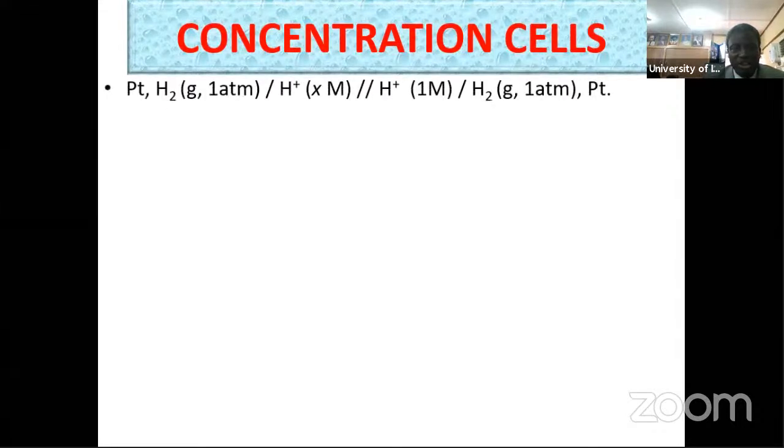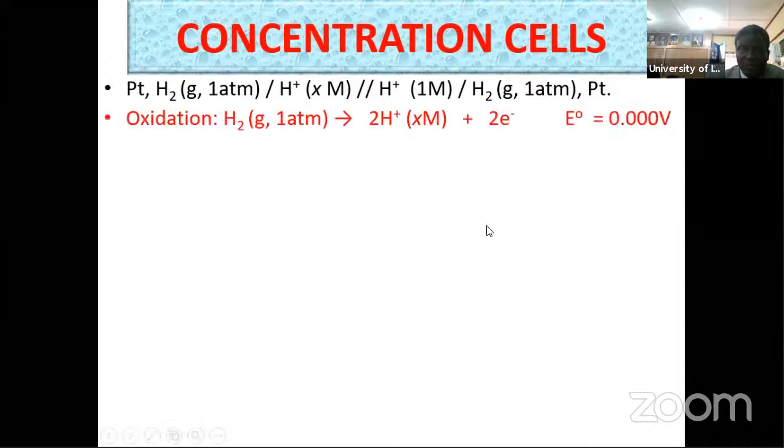So we continue with concentration cells. This is an example. If you look at this, this is unknown, this is known. This is one half cell, this is another half cell. They look alike. So for the oxidation, you have H2 going to 2H plus and 2 electrons.